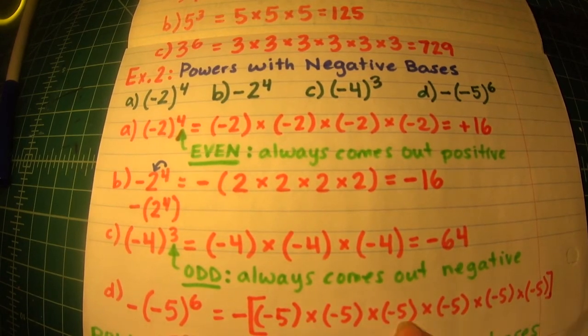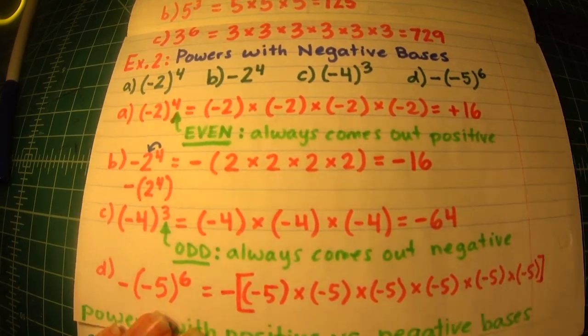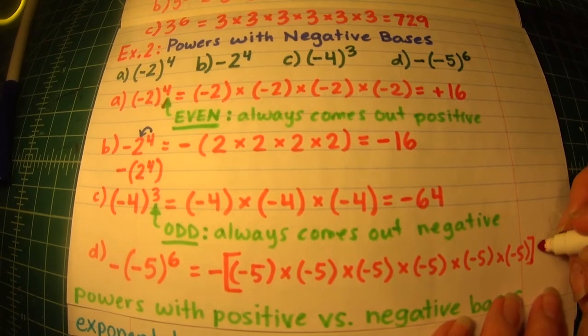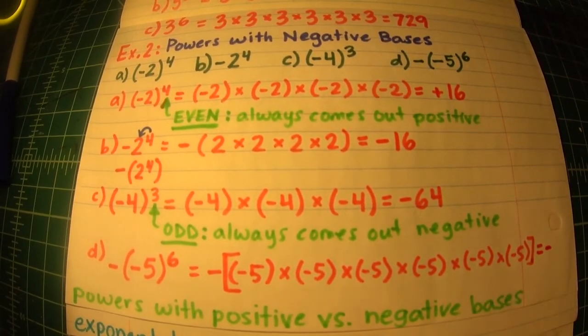So 6 negatives being repeated. So I know on the inside here it's going to come out positive. However, we also have this negative sitting on the outskirts, which will automatically apply to our answer. So what that means is that my final answer will be negative.